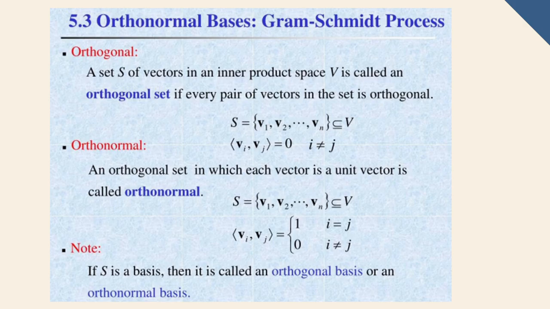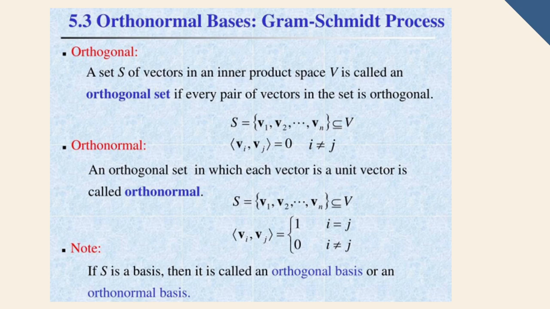Now let's talk about orthogonal and orthonormal sets. A set S in an inner product space V is called an orthogonal set if every pair of different vectors inside that set has an inner product of 0, meaning every pair is perpendicular to each other.